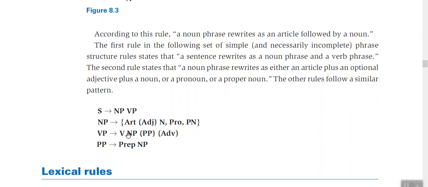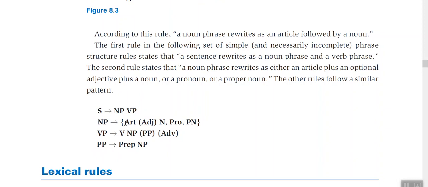Remember this. In a verb phrase we have a verb or noun phrase. A prepositional phrase and an adverb are optional. Sometimes we find them, sometimes we don't. PP is a prepositional noun phrase.